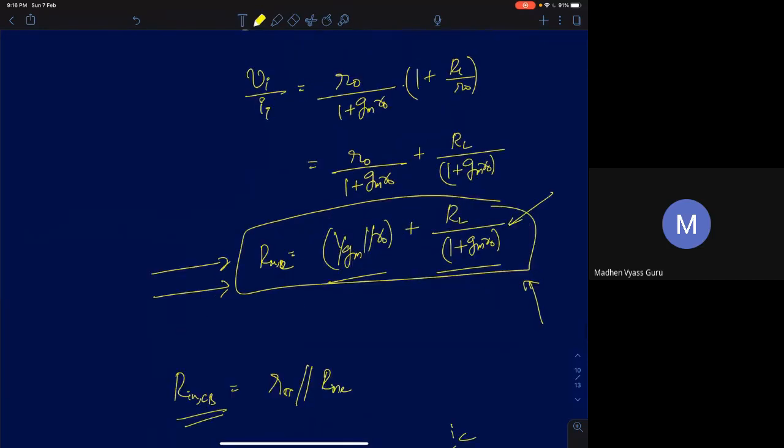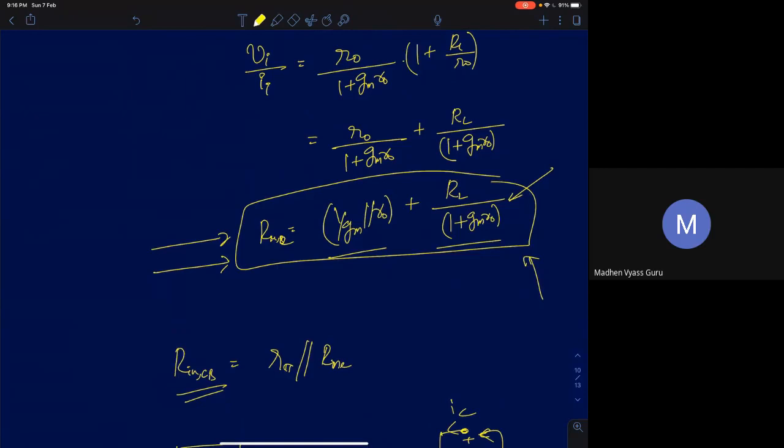What happens to your input resistance if R naught is infinity, RL is infinity? It is 1 by Gm, right? 1 by Gm parallel infinity is 1 by Gm, plus this term will go to 0. This whole thing will come in parallel to R pi. R pi parallel Re will be small Re or 1 by Gm.